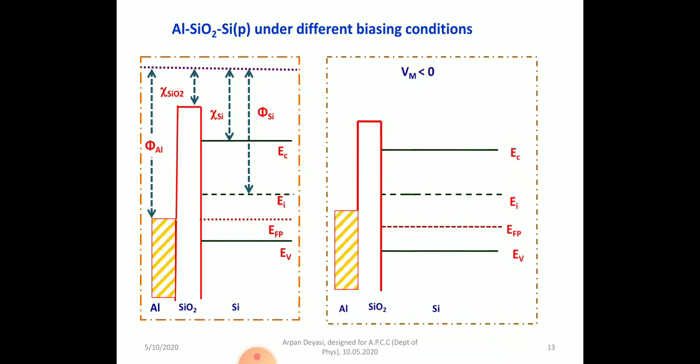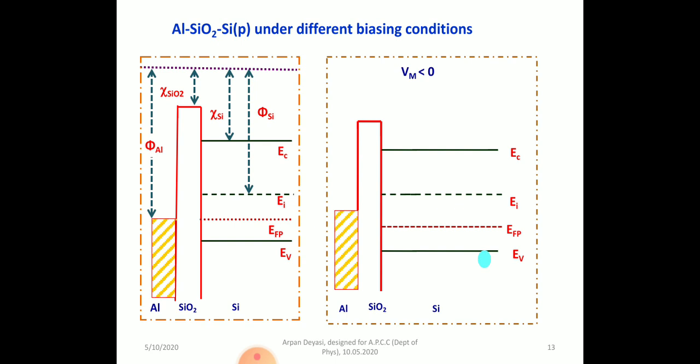So how it will be? Please think now. If you apply metal voltage negative, then the semiconductor side will have a positive voltage. Is it clear to all? That means electrons in the metal will be repelled and holes in the semiconductor will also be repelled. Now it is a p-type semiconductor, which means holes are majority carriers.